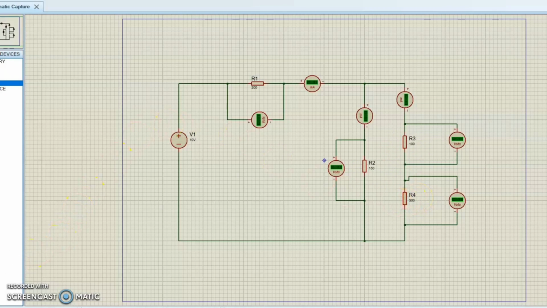So now let's find out the value of voltage across each resistor. For resistor 1, 200 ohm, the voltage is 6.47 volts. For resistor 2, 3.53 volts, resistor 3, 0.88 volt, and resistor 4, 300 ohm, 2.65 volts.